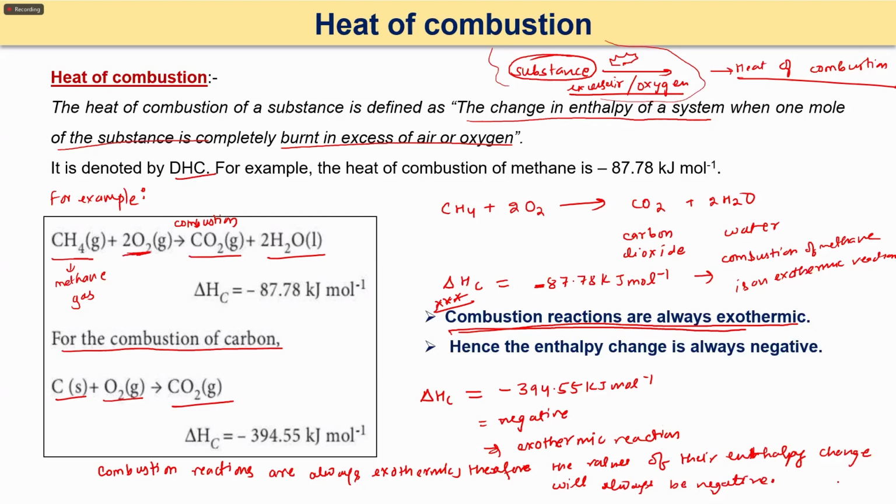Okay, so this is what heat of combustion is.